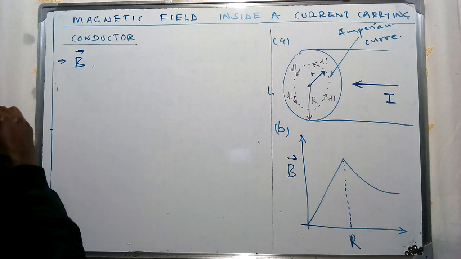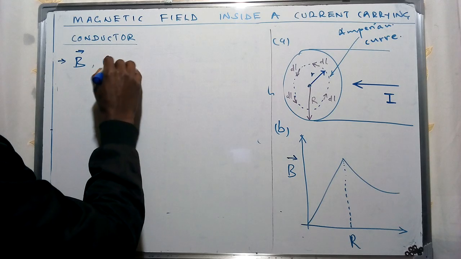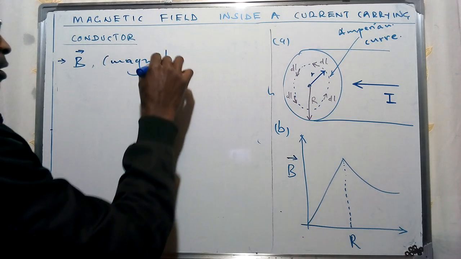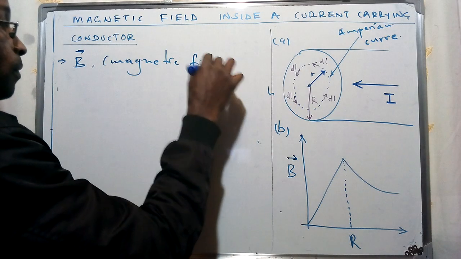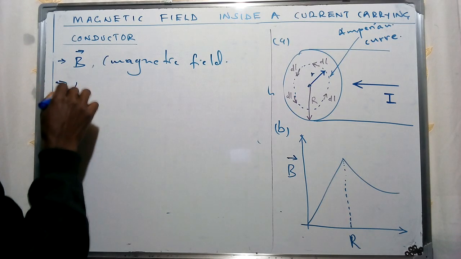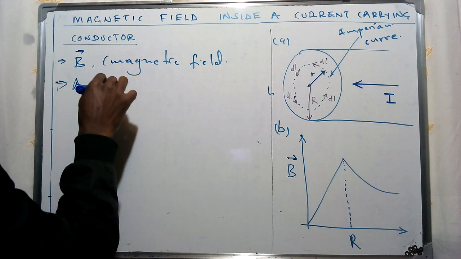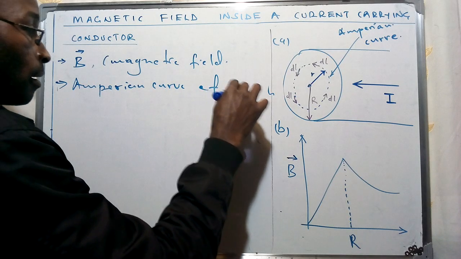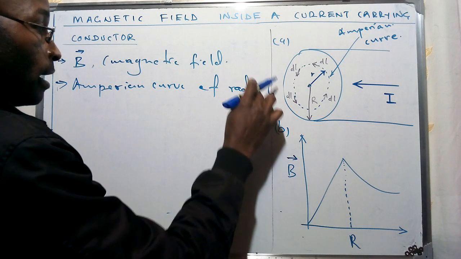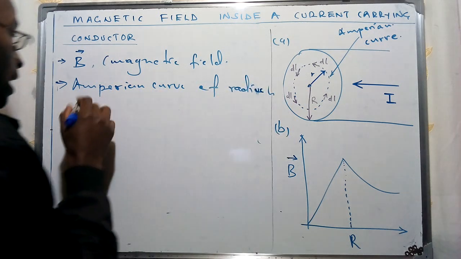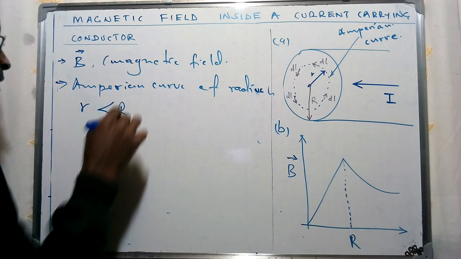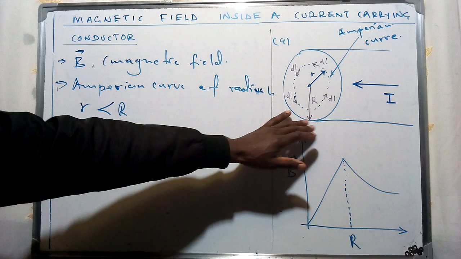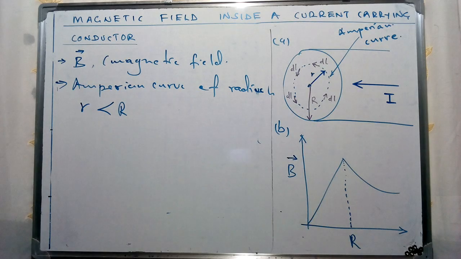So this is going to have a magnetic field given as this, and of course we are going to have our Amperian curve of radius r, which is smaller than the greater radius R, which is the radius of the conductor, given as such.